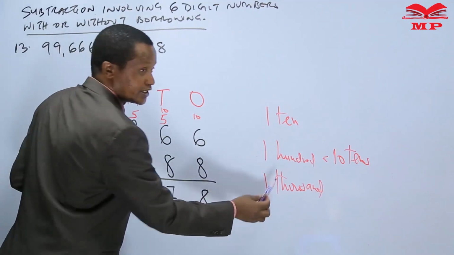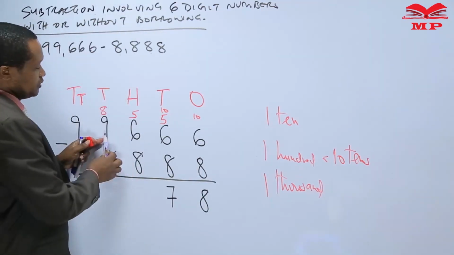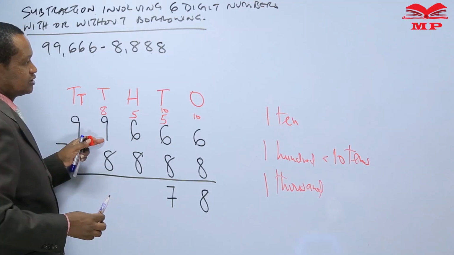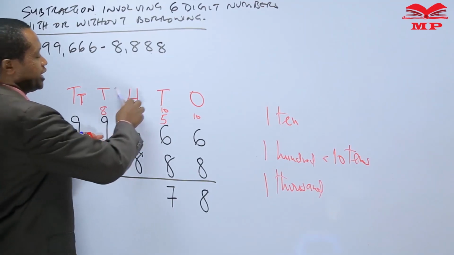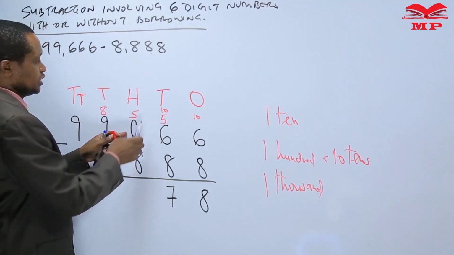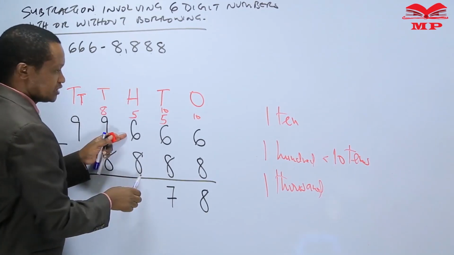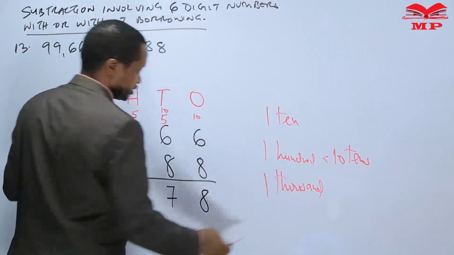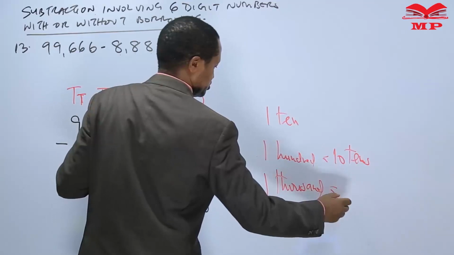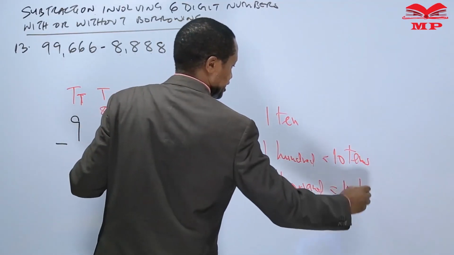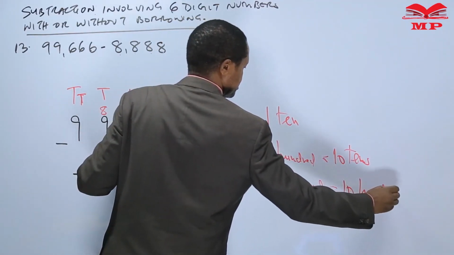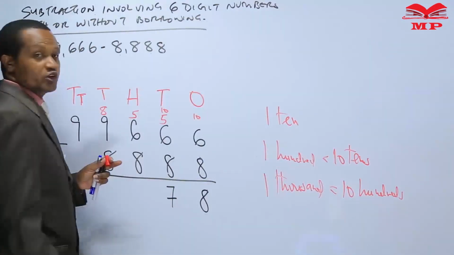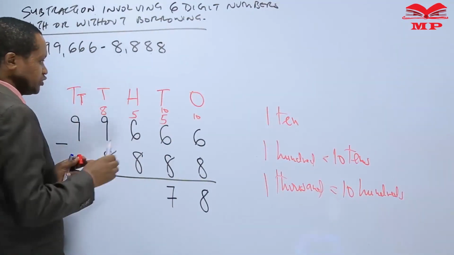Now this 1,000 which you have borrowed from this 9,000 should be moved to hundreds because we are subtracting hundreds. Now 1,000 is equal to 10 hundreds. So you have borrowed 10 hundreds.